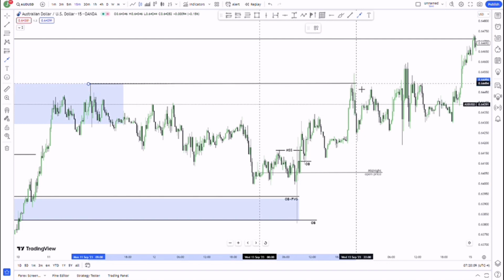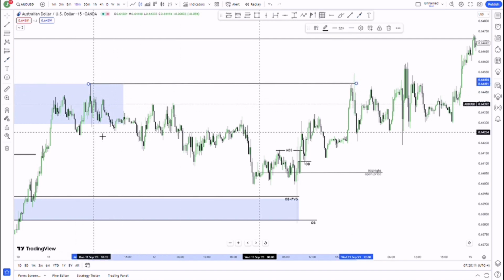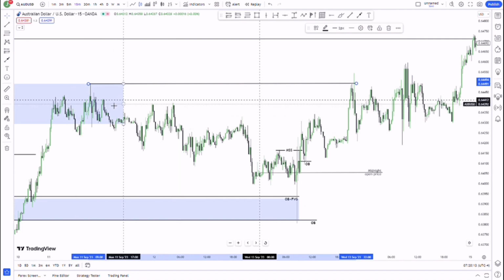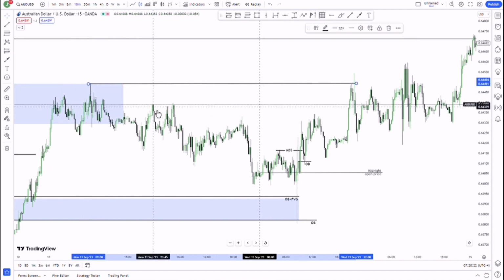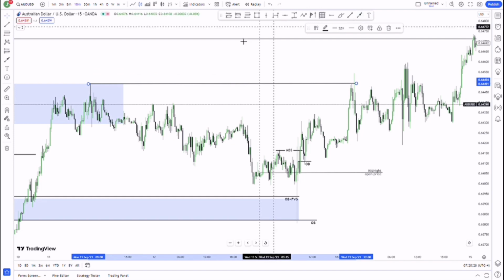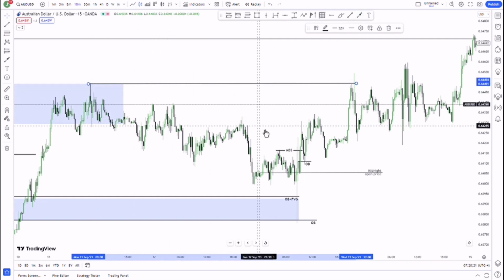Because we had failure swings. This low, we had a higher high, and then we had another higher high. Then it came to make a lower low, a lower high, and then another lower high. So this will be our liquidity.